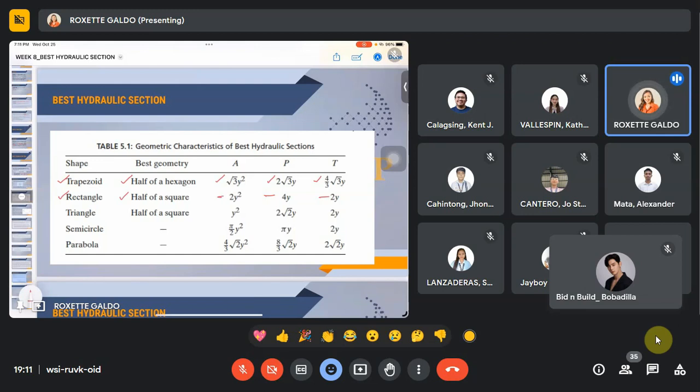And also, if you want to have a triangle, the best geometry for you to adapt, so that you're able to bring out the best hydraulic section, is for you to have half a square. Ironic, kay triangle pero half a square. But for you to have the most efficient triangular channel, you have to have half a square.